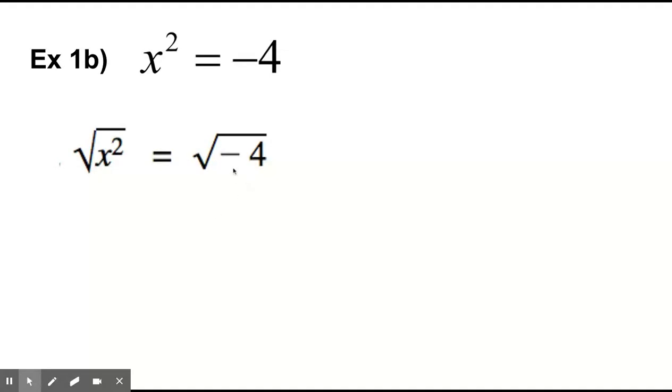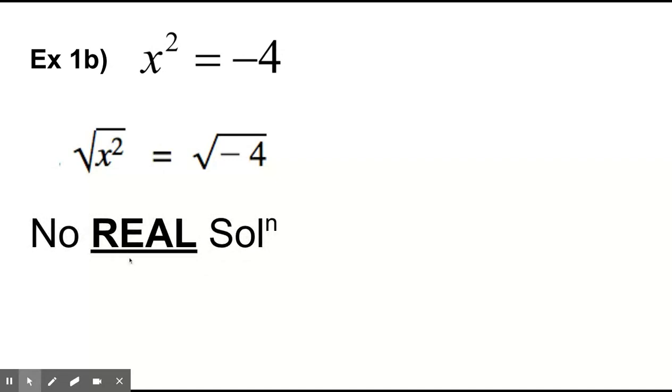So given that we have an index of 2, remember when there's no index shown, there's an invisible 2 there, and that we have a negative radicand value. This isn't possible in the realm of the reals, to have a number that multiplies by itself to create negative 4. So in this case, we say that there is no real solution, emphasizing that word real.